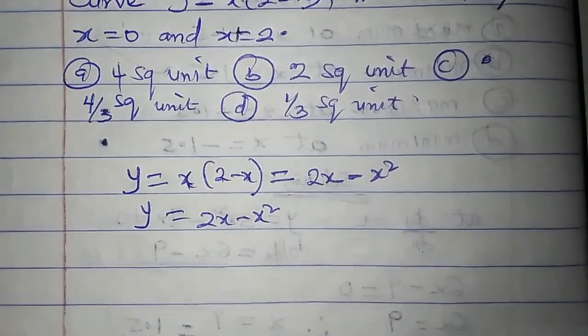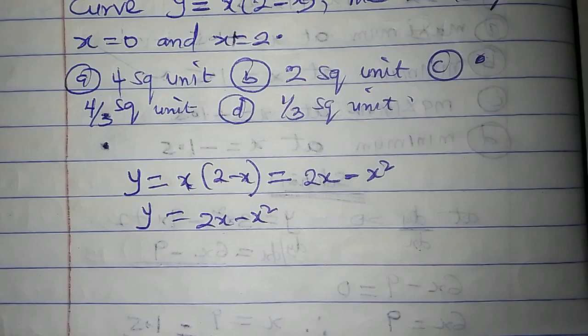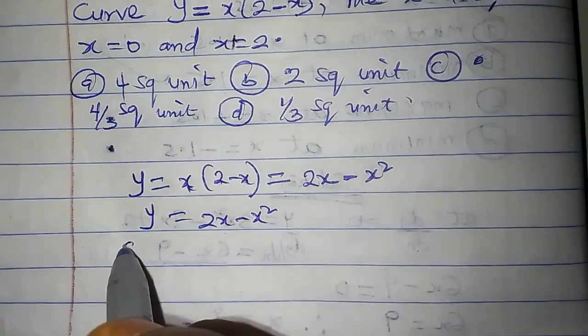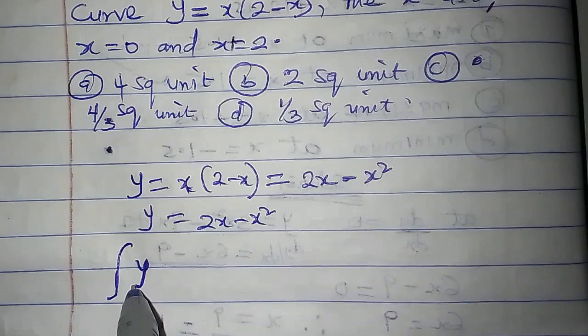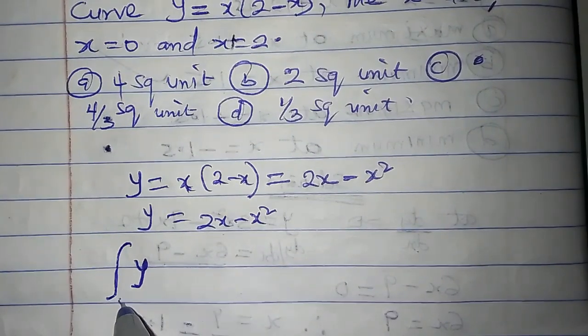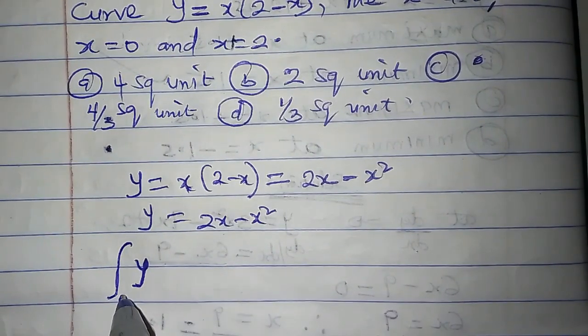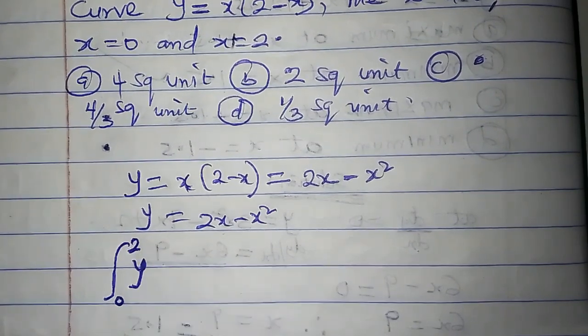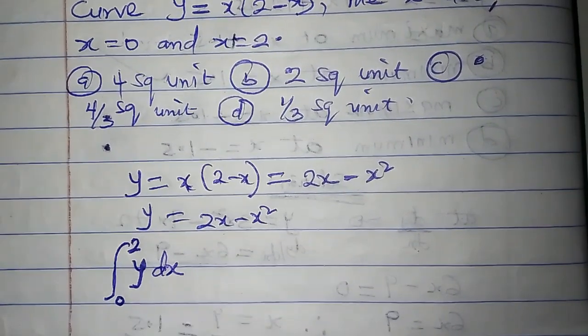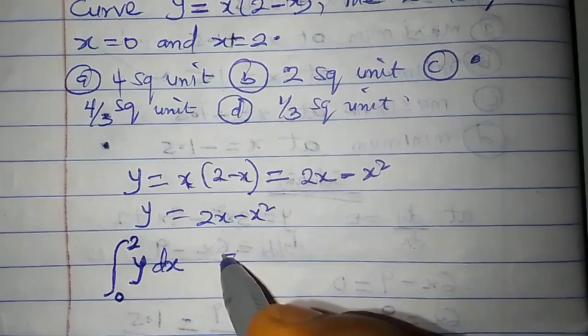Now, the area bounded by a curve, take note of this, is simply the integral of the function, in this case y, from the lower limit, which is 0, to the upper limit, which is 2, with respect to x.